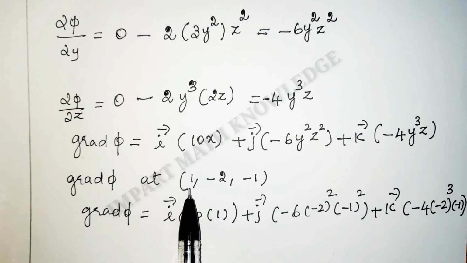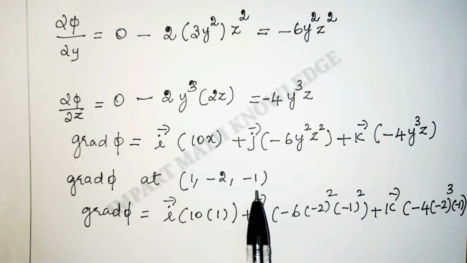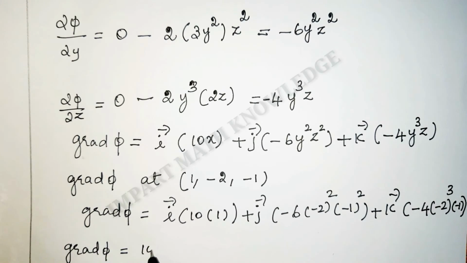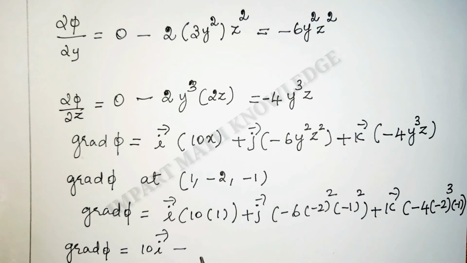Substitute x is equal to 1 and y is equal to minus 2 and z is equal to minus 1. That is grad phi is equal to 10i vector minus 24j vector plus 32k vector.